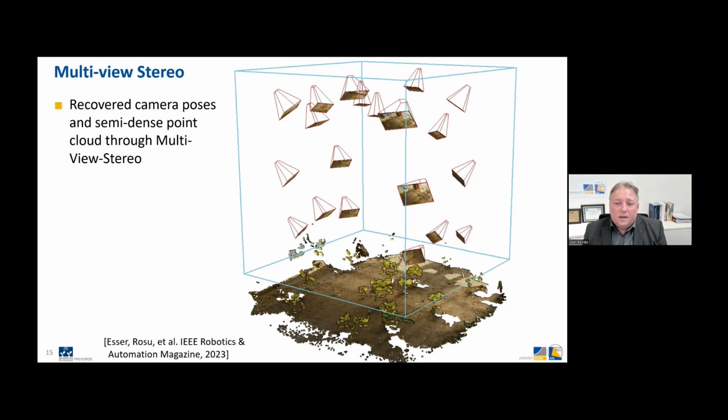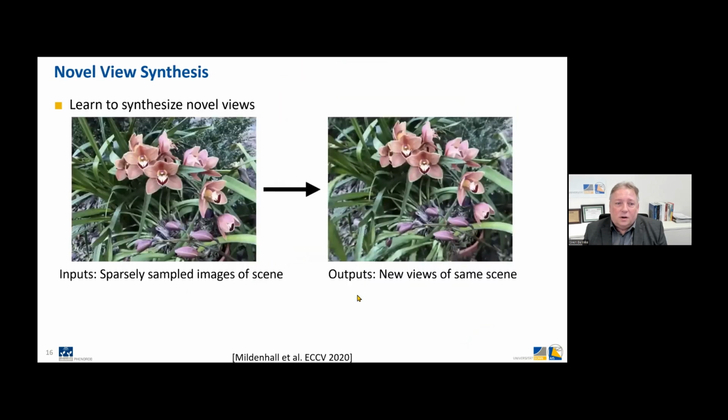But often this has gaps. Often there is occlusion, or we may have wrong correspondences and so on. So this is not a good 3D reconstruction of the environment. In recent years, novel view synthesis methods became popular for learning 3D representations of scenes.